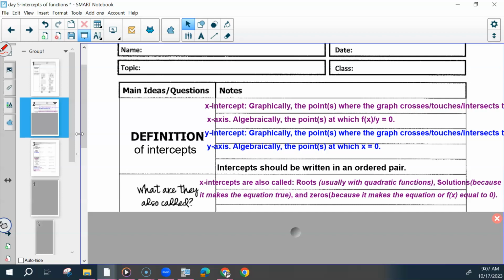Y-intercept, graphically, the point or points where the graph crosses, touches, or intersects the y-axis. Algebraically, the point or points at which x equals 0. So summary, graphically, where it crosses the y-axis, algebraically, where x equals 0. An intercept should always be written as an ordered pair.